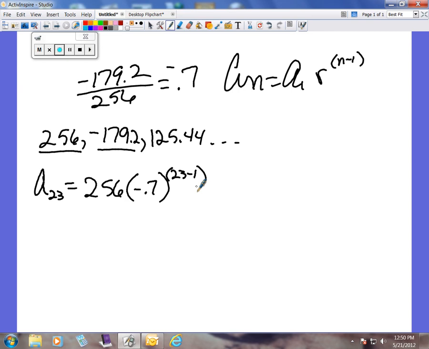Not negative 0.7 times 256 and then to the 22nd power. Then you're doing it wrong. You're putting it in wrong. You should take, first of all, this is going to be 22 right here, isn't it? 23 minus 1 is 22. You need to take negative 0.7 to the 22nd power times 256, and it should round approximately to 0.1.